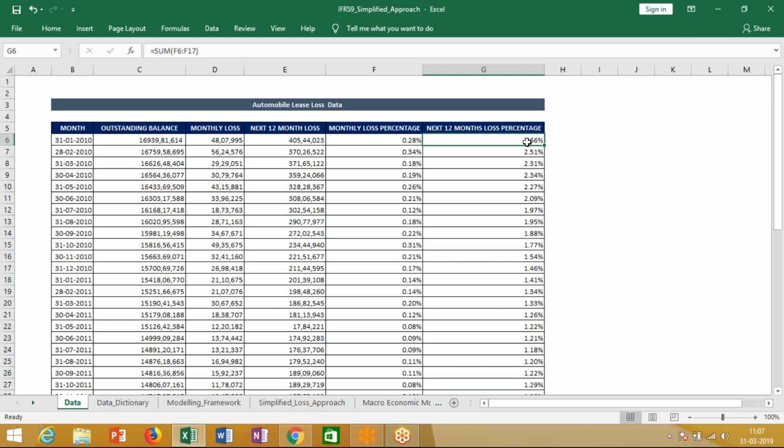Now, given that I have an outstanding balance and a monthly loss reported, where monthly loss is nothing but your impairment figures, what I want to do is sit down and develop a model which will help me predict the expected credit loss in the next 12 months, and then predict the lifetime ECLs. So the question that comes up is how do we go about doing that?